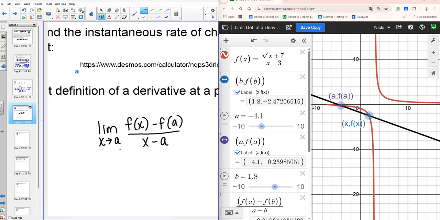Okay, so we can use this. They may use this word derivative, right? A derivative can be defined as the slope of the tangent line.